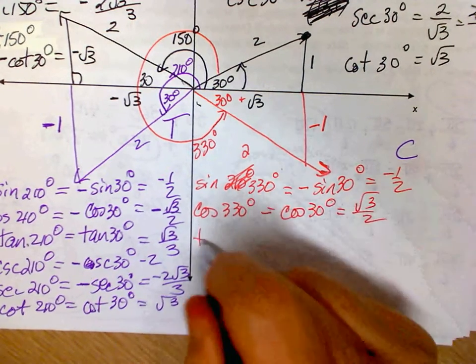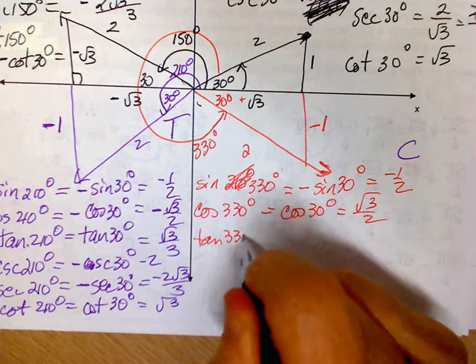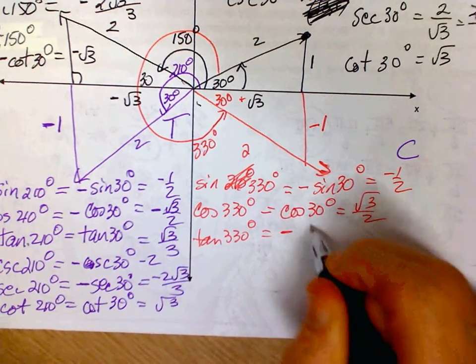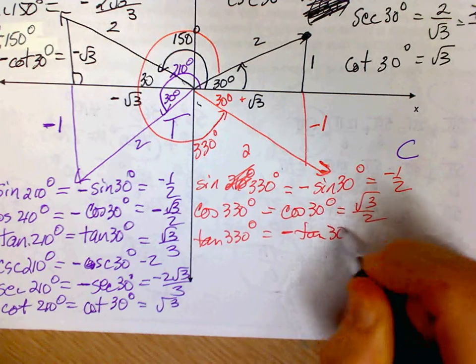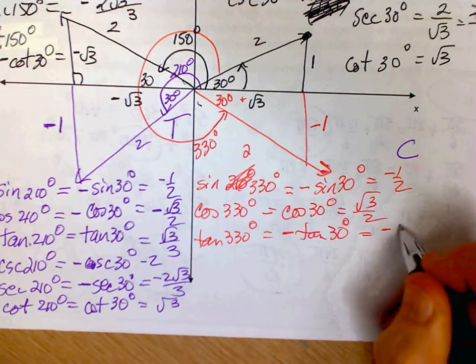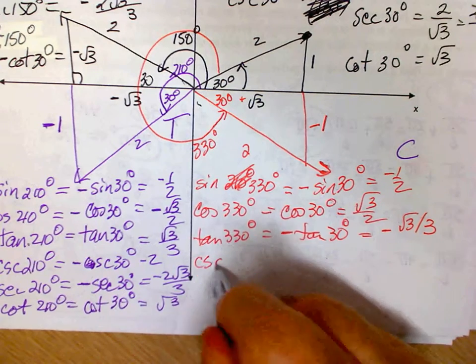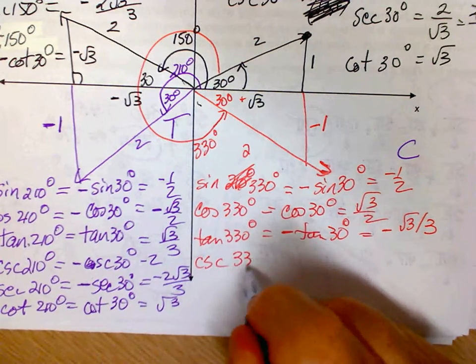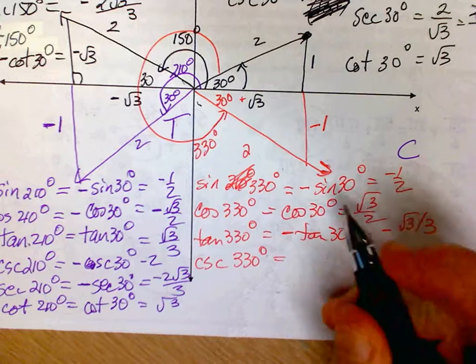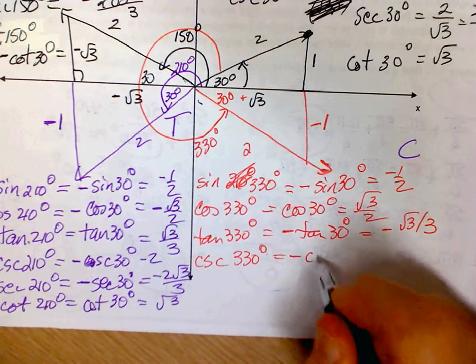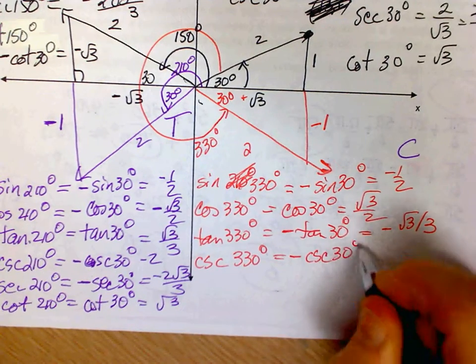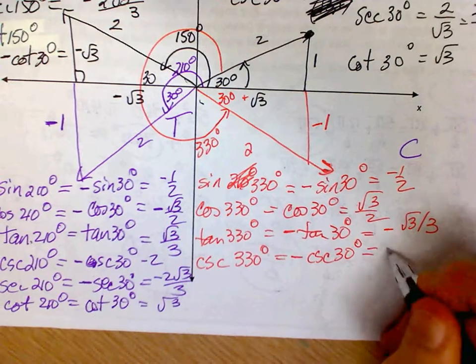Tan of 330 degrees is equal to the negative tan of 30 degrees, and that is equal to negative root 3 over 3. Cosecant of 330 is equal to the negative cosecant of 30 degrees, and that is equal to negative 2.